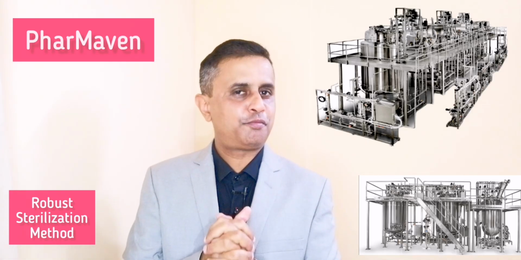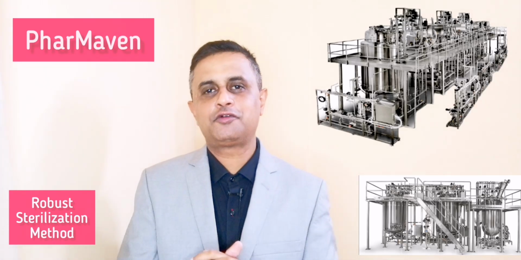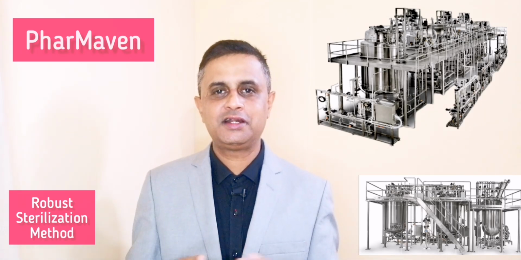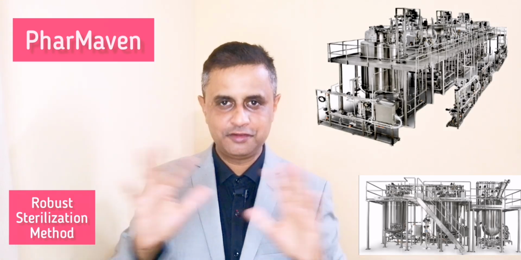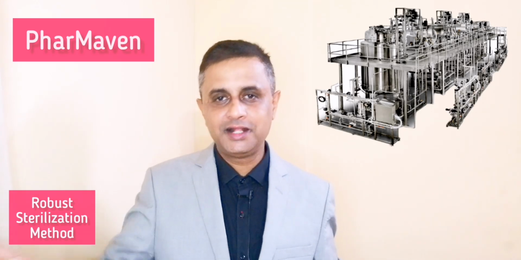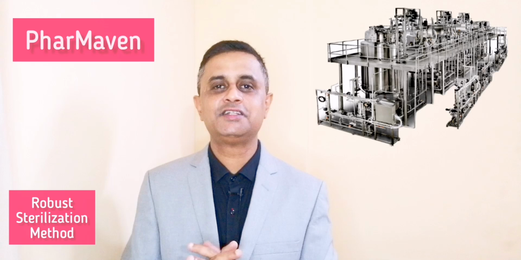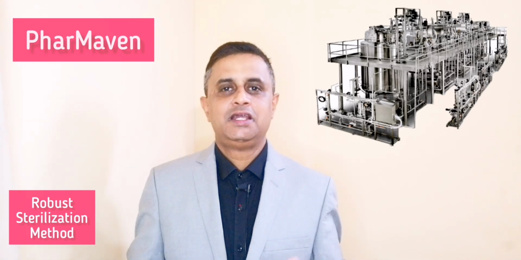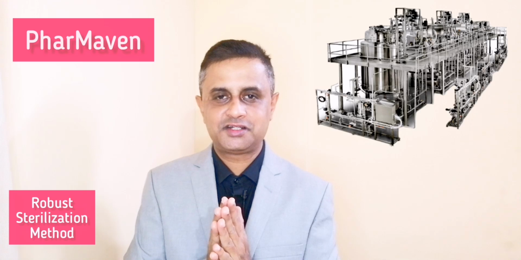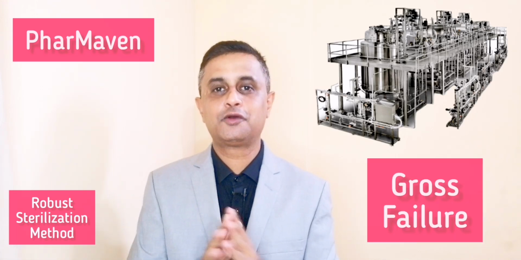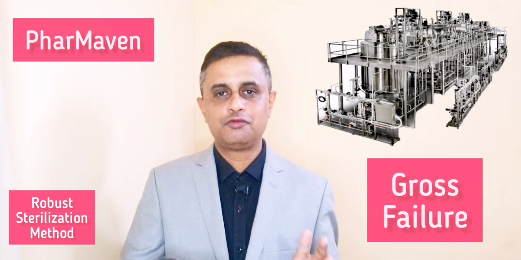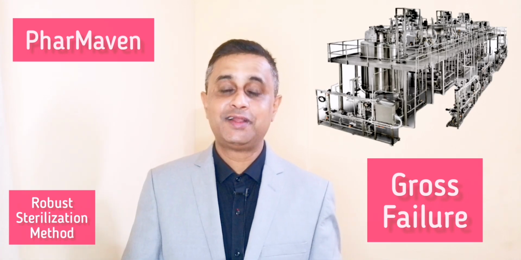This is the first point of assurance: your SIP must be properly validated so that each and every vessel in your filtration skid and each and every connection up to the drain point achieves the desired sterilization temperature. If it is not properly assessed, then in your media fill you can get a gross failure, where it will be filling into the vessel itself. You don't even have to get to the filling step.